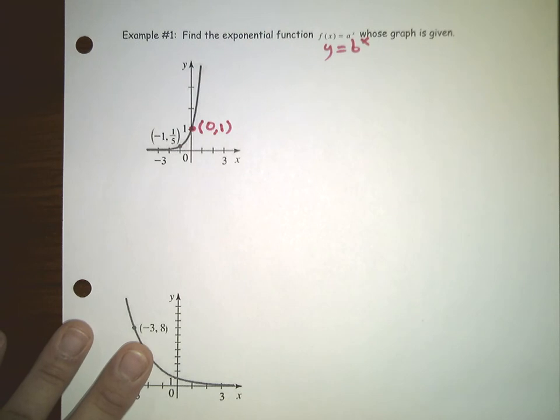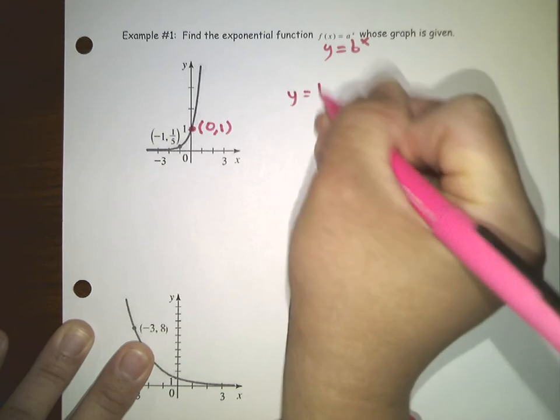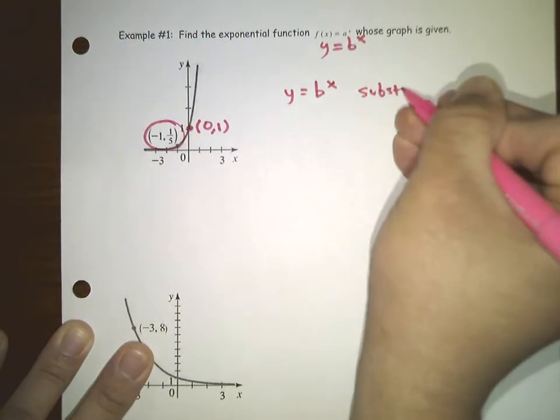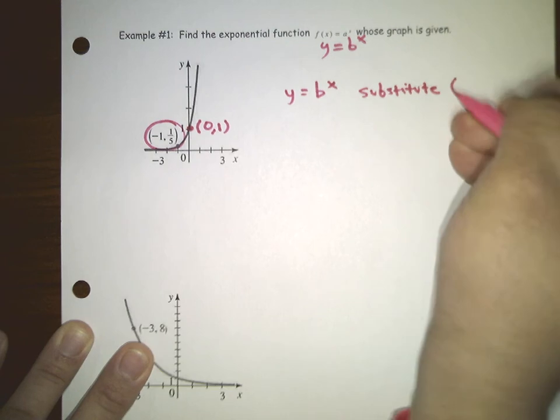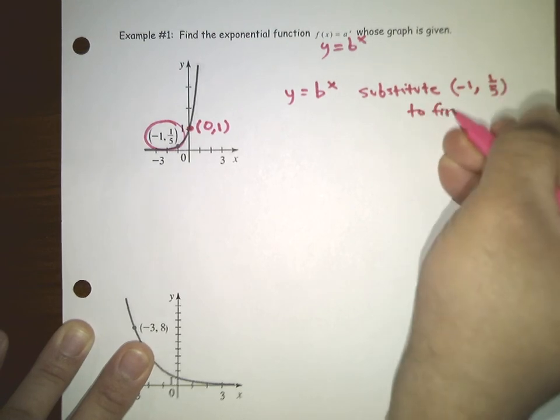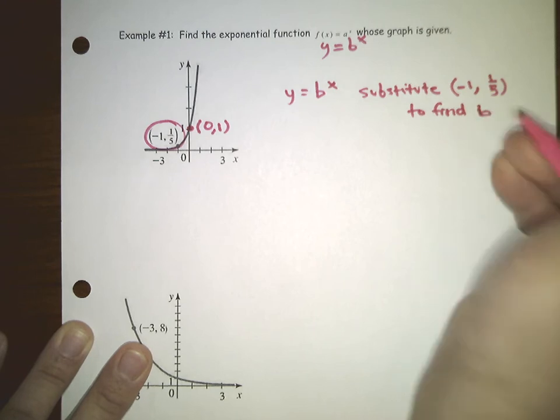So what you can do here then is just substitute the points into the equation to figure out what the base should be. So y is equal to b to the x. So I'm going to substitute the -1, 1/5 to find out what b is.